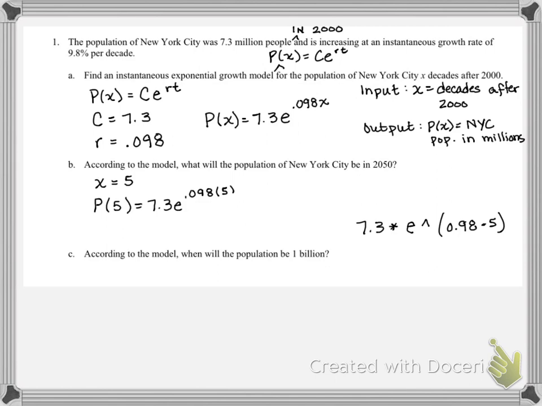So make sure that you're writing this step so that I know that you did the right thing, even if you plugged it in your calculator and got the wrong number. So what do we get here? So like 11.9 million? Yeah. We'll just go with that.